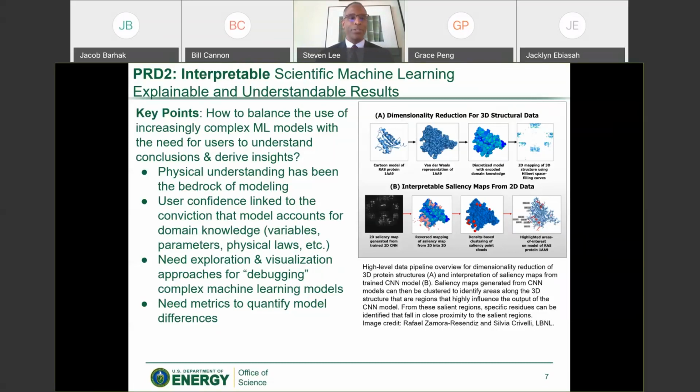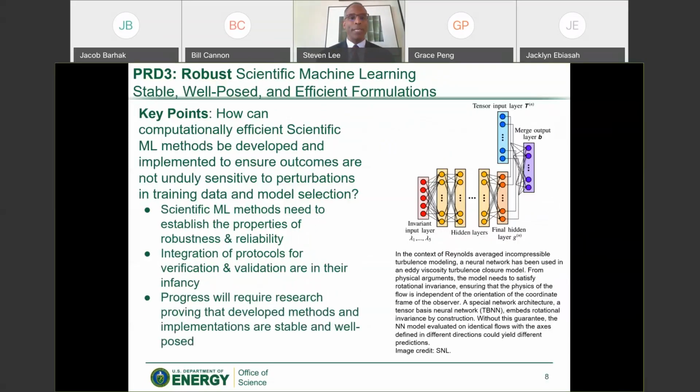The third research direction is robust scientific machine learning. You want to make sure that the results you get from machine learning are accurate and stable. This goes towards making machine learning more mainstream.